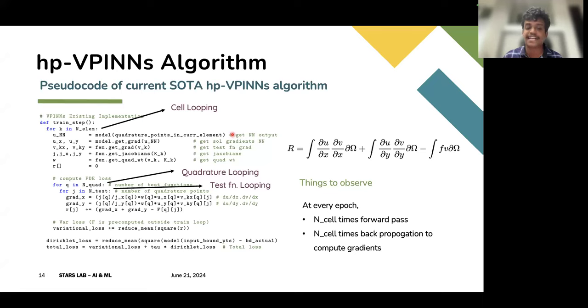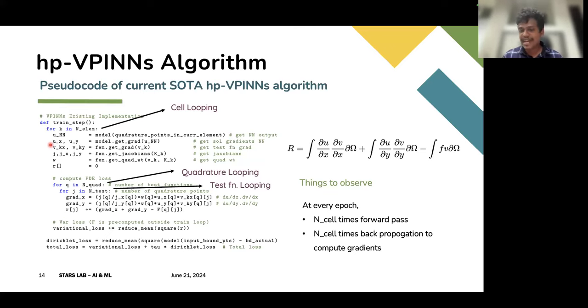The thing that takes most of the time is computing the gradients for the forward pass you have performed, in this case, the gradients of the solution. So in this kind of algorithm, when you have a number of cells, you will have to perform this gradient calculation n number of times separately.